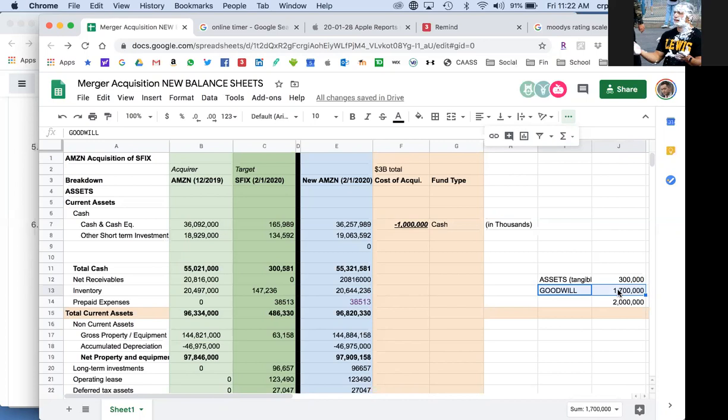So Beats only had $300 million in value. The 1.7 is intangible value. Intangible value is goodwill. So the ability to sell to a new market, the ability to attract new clients. That's the goodwill. Intangibles.